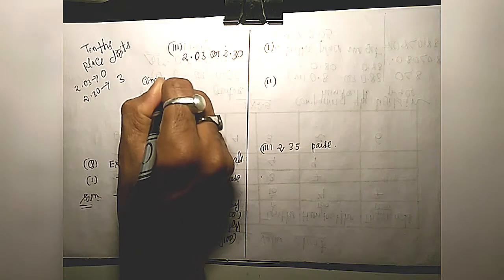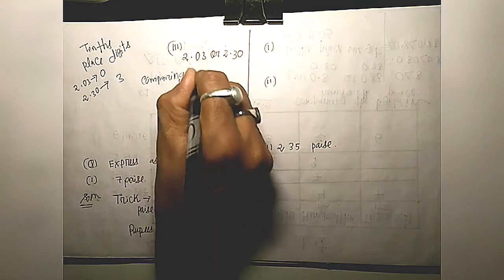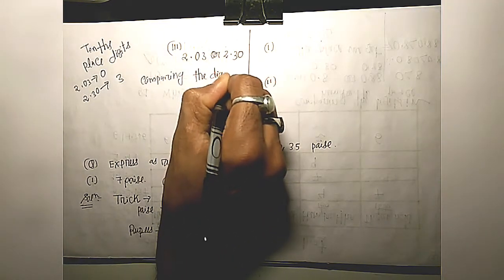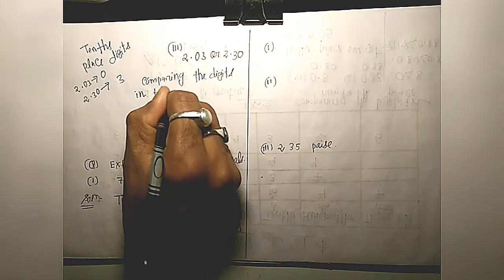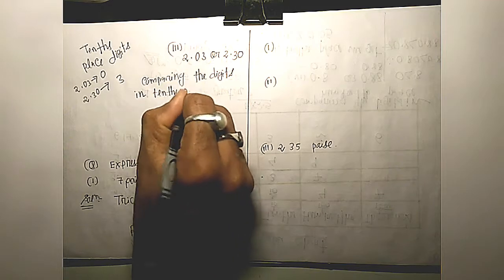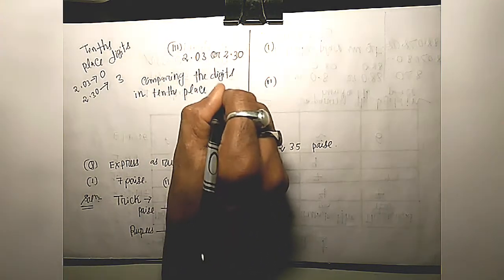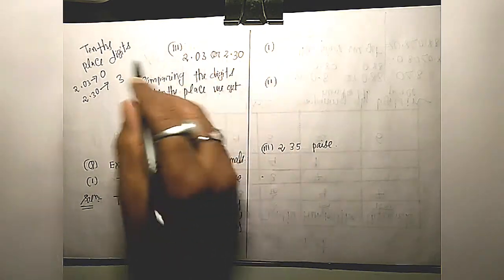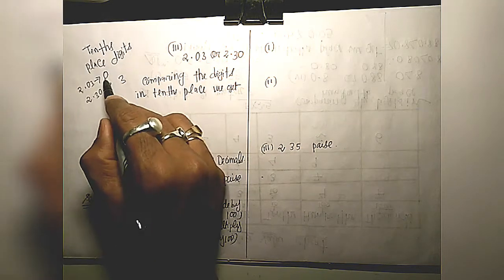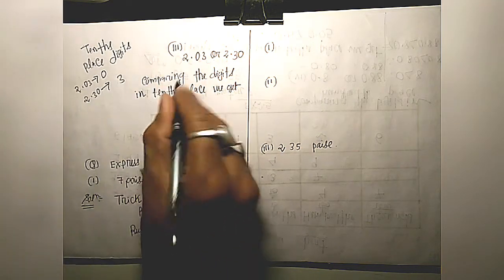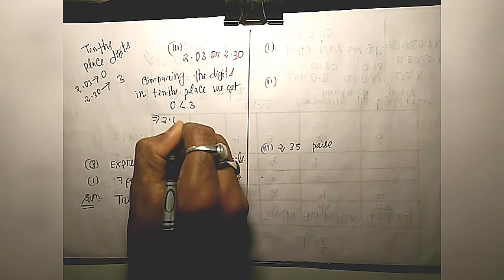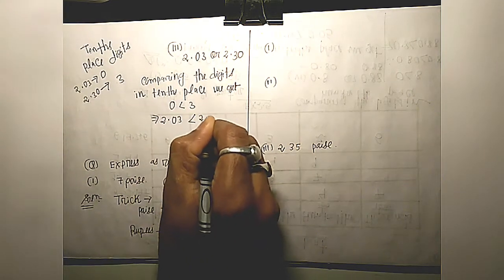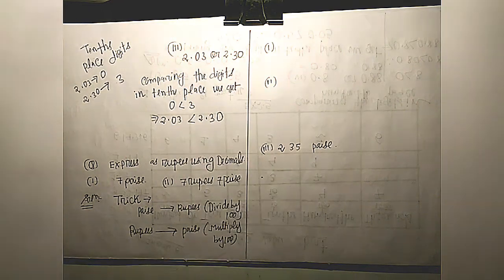Comparing the digits in the tenths place, since 0 is less than 3, it implies 2.03 is less than 2.30. Therefore, 2.30 is greater.